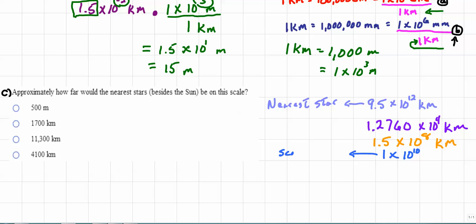So we'll go ahead and take the nearest star, which is 9.5 times 10 to the 12 kilometers. And then we will divide that by the scale, which is 1 times 10 to the 10th power.